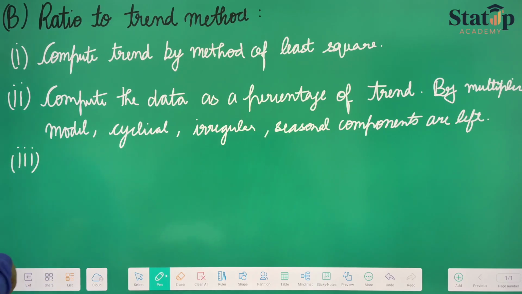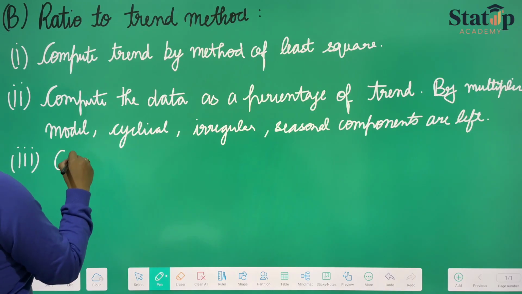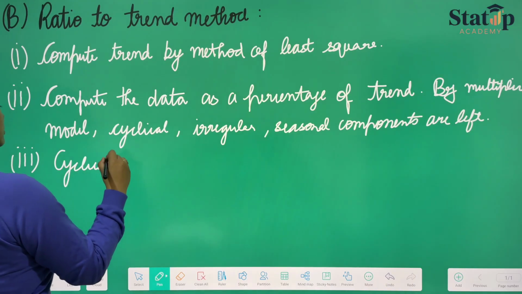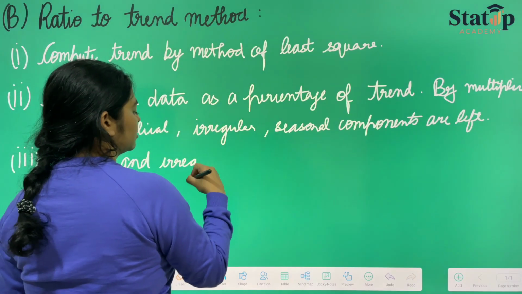The third one is, after we have computed the trend, the cyclical and irregular components are wiped out by averaging the data.